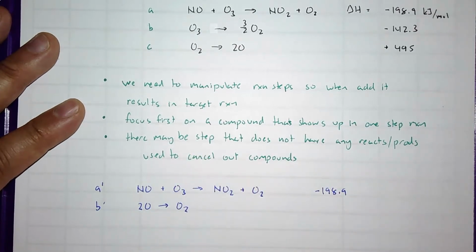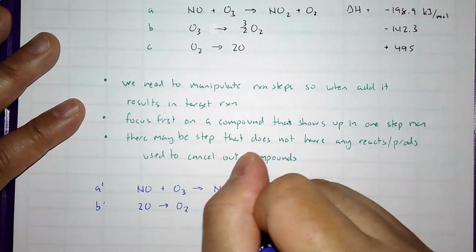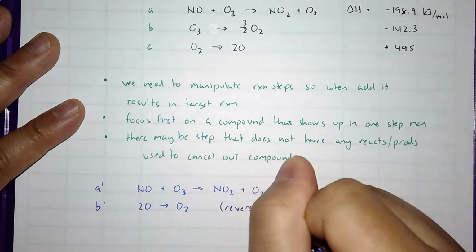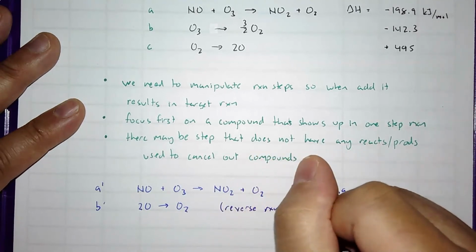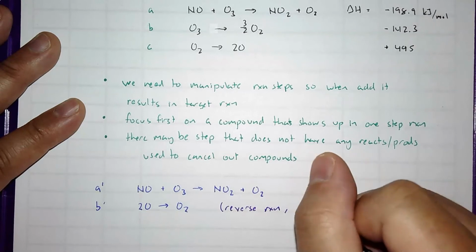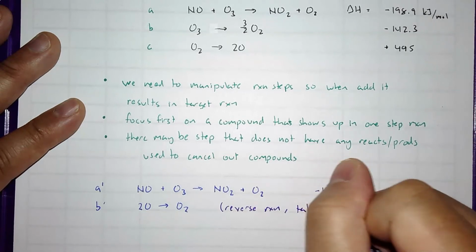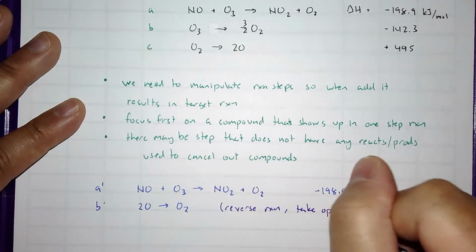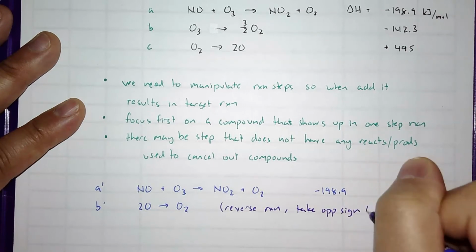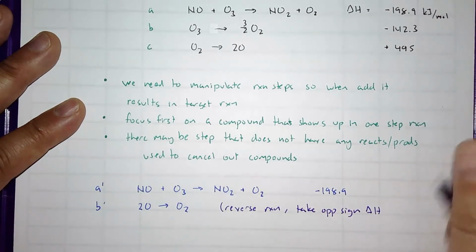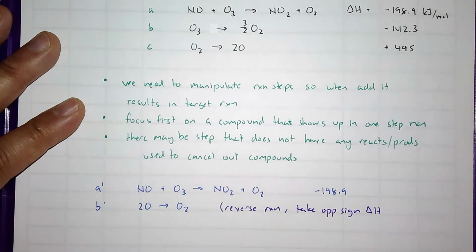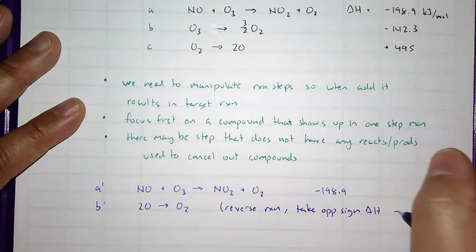So when you reverse, the rule is, if you reverse the reaction, you take the opposite sign of delta H. So the result is now positive.